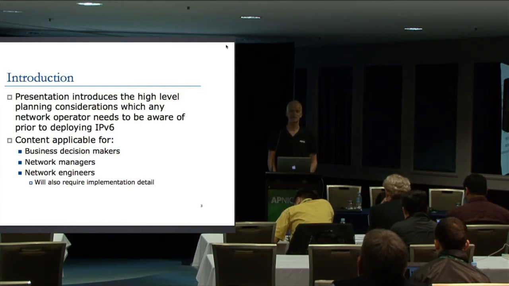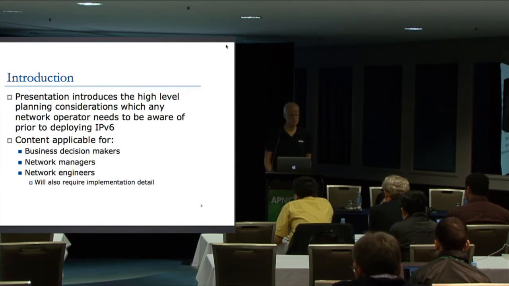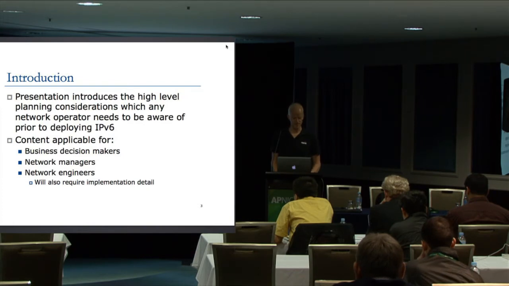I will spare you the command line interfaces and specific details, and just try to keep it at a slightly higher level so you can do a bit more strategic thinking rather than getting worried about Cisco or other command line interfaces.